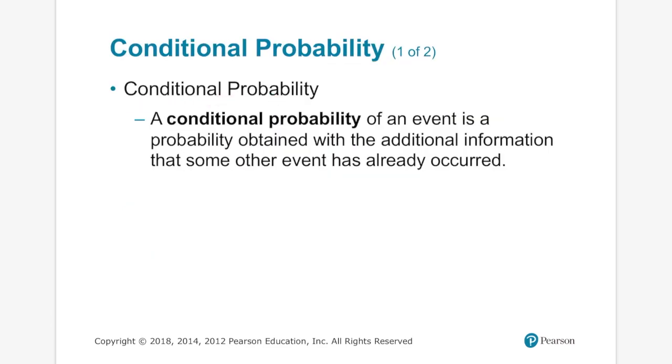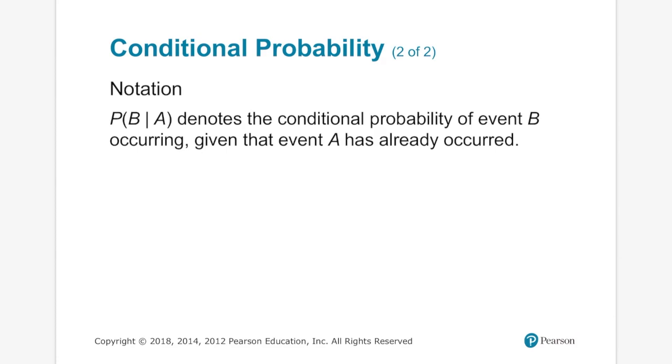Conditional probability. A conditional probability of an event is a probability obtained with the additional information that some other event has already occurred. The notation for conditional probability: probability of B given A denotes the conditional probability of event B occurring given that event A has already occurred.